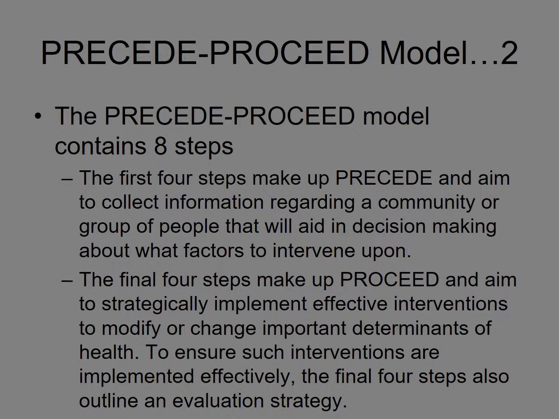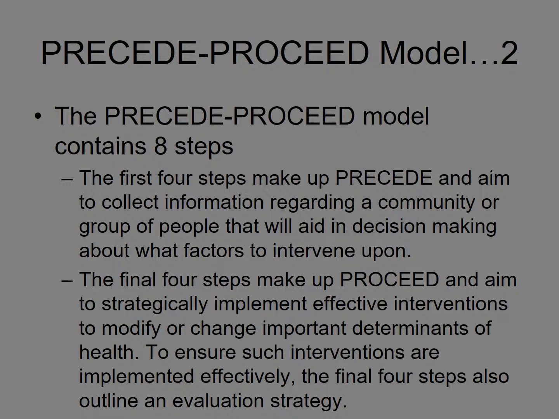The final 4 steps make up PROCEED, and that aim is more to strategically implement effective interventions and/or modify important determinants of health. So here it says to ensure such interventions are implemented effectively. The final 4 steps also outline an evaluation strategy.